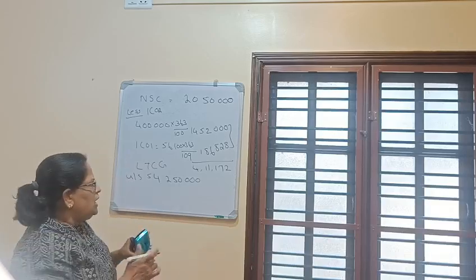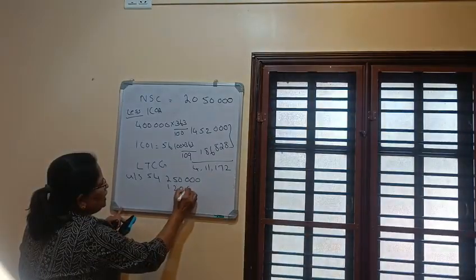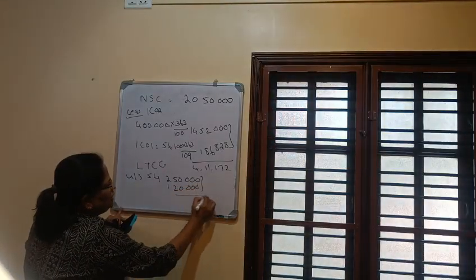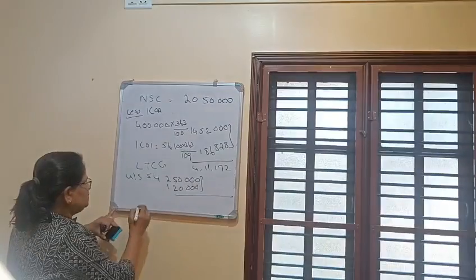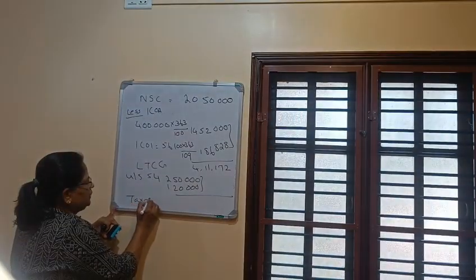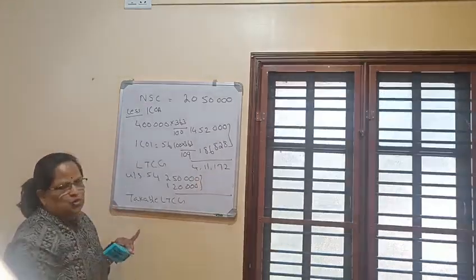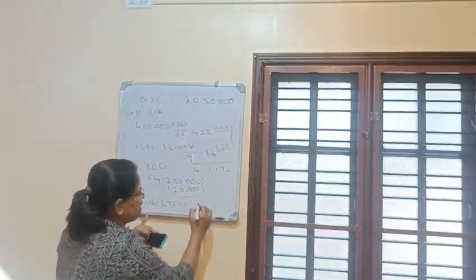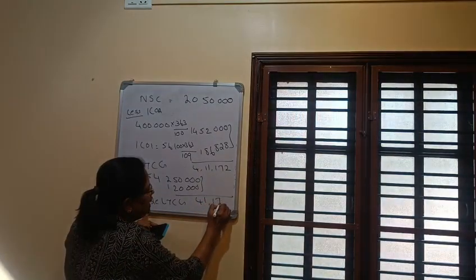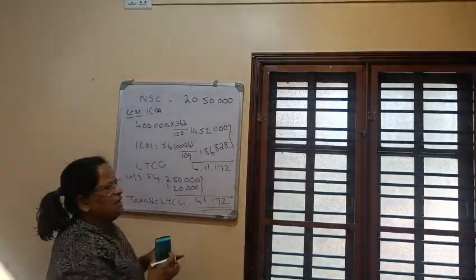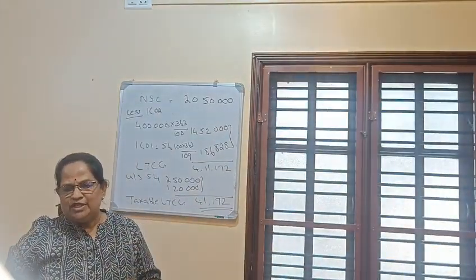So that is 1,20,000. So both he can claim. So taxable LTCG is this value minus these two values, 41,172. So this is the first problem I wanted to explain.